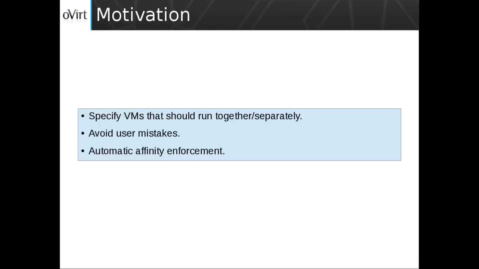Also, the new feature, the Affinity Rules Enforcement Manager, is going to help us with automatic affinity enforcement. Using this feature we can achieve automatic enforcement for VMs which are already running, and we are going to do it without the data center admin intervention. So we are going to get to that later.